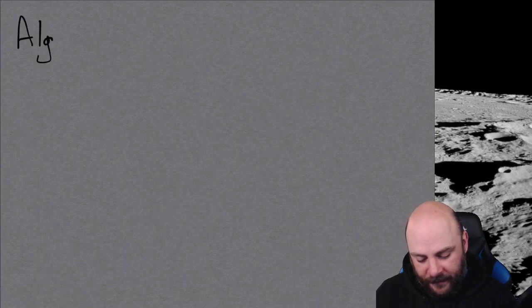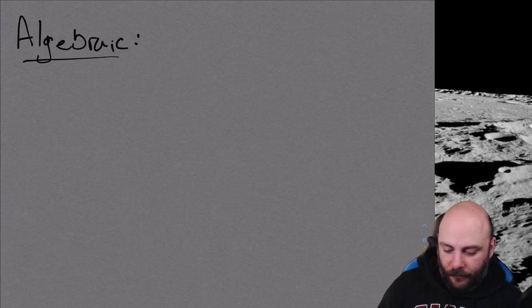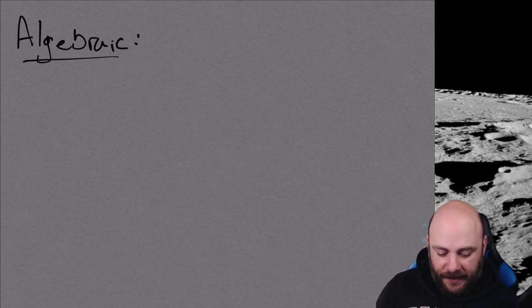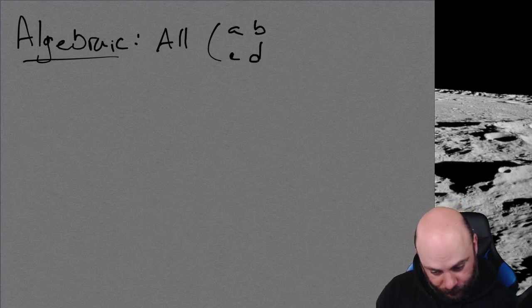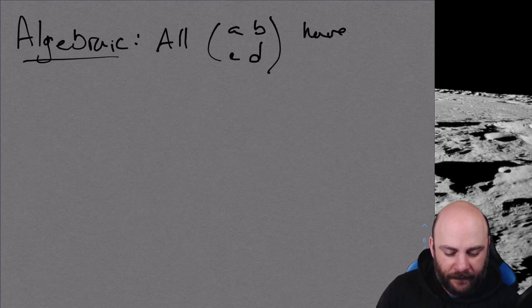So we have an algebraic way of thinking here, and what this has to do is basically all matrices of this form, A, B, C, D, have eigenvalues.